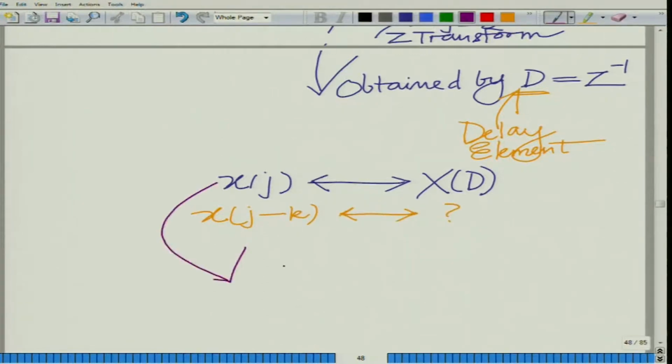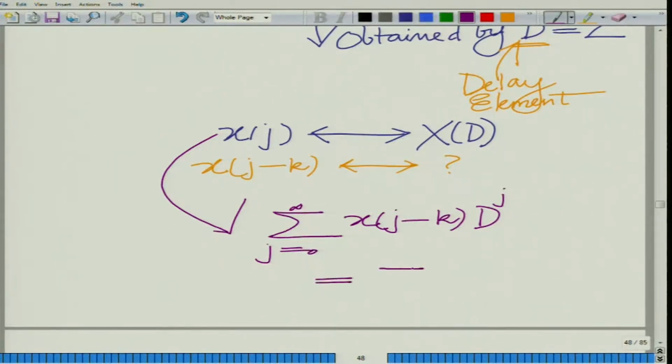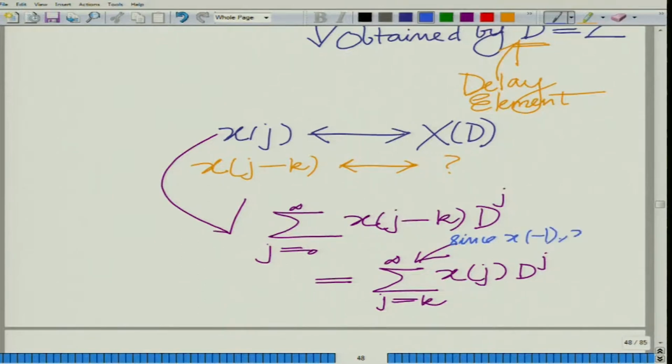Let us start with this: the sum over j equal to 0 to infinity of x of j minus k D to the power of j. Now, if x starts only at j equal to 0, x of j minus k only starts at j equal to k, because x of minus 1 and so on are 0.